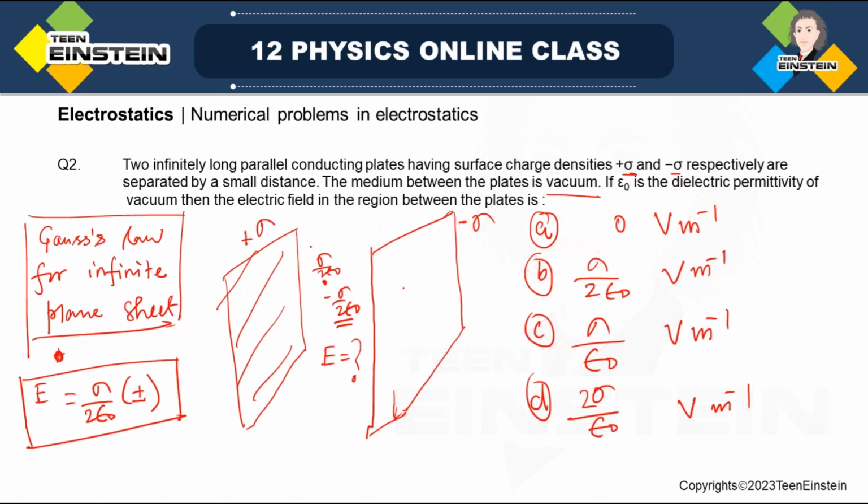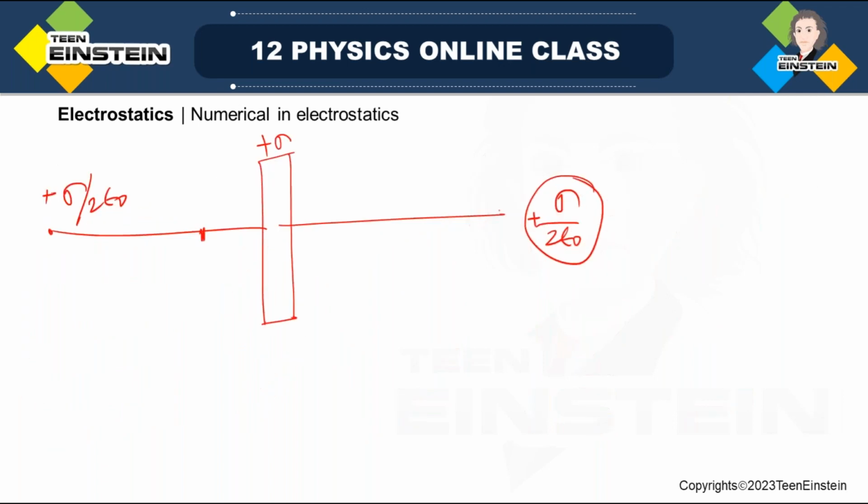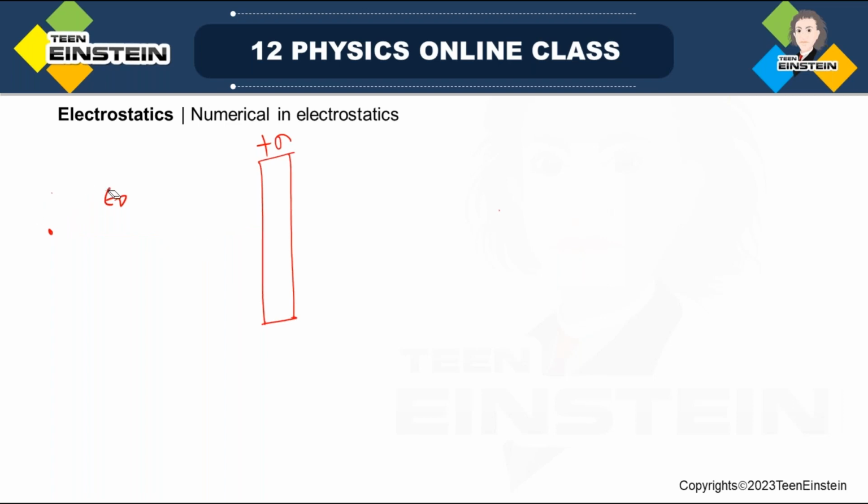In this case, I'd like to tell you one more thing. Let me not give just the signs. I'll just give you two plates alone. So these are two identical plates. This one is negative.